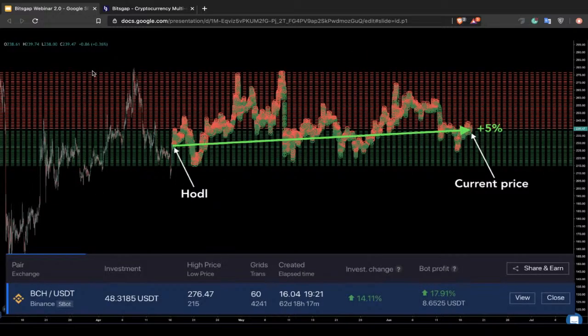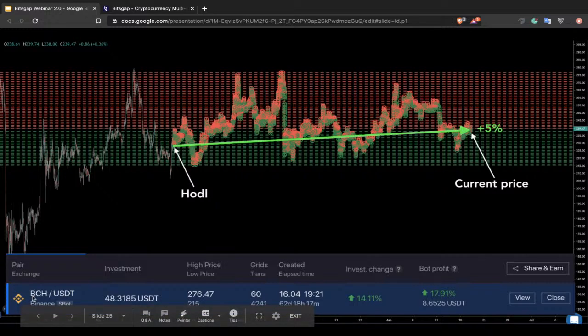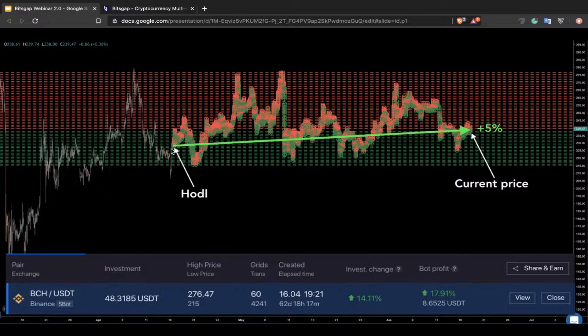So here's the example. Assuming that you simply hodl, in this case, Bitcoin Cash, and here's the point of time and price at which you purchase the coin, Bitcoin Cash, and up to the current price, you would be only up by 5%.